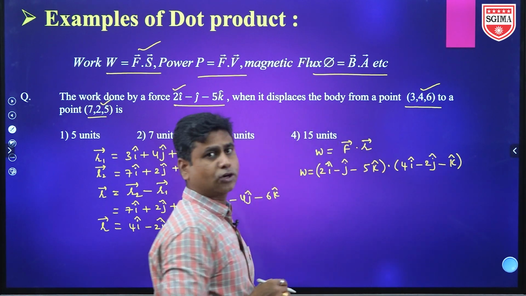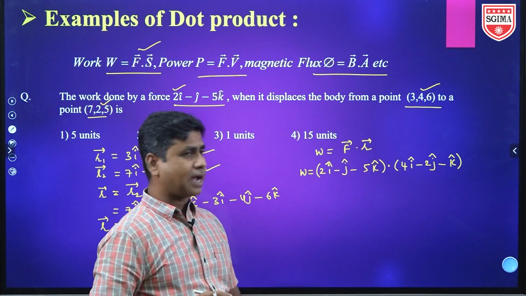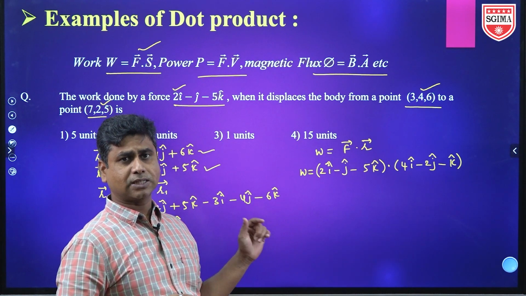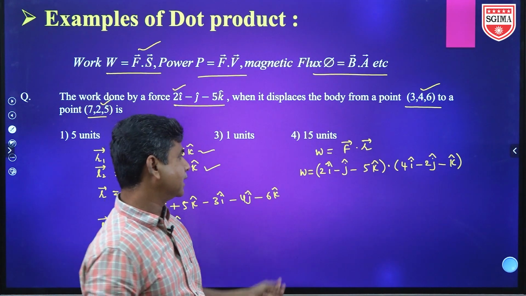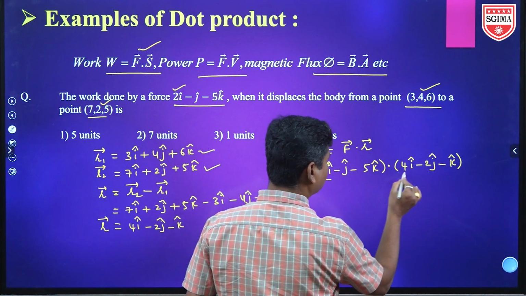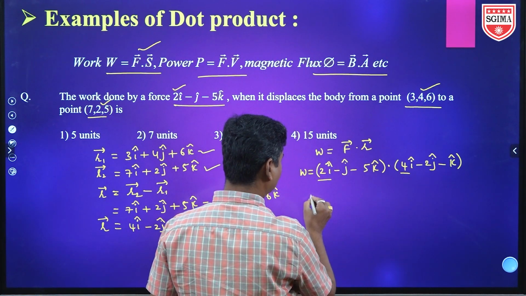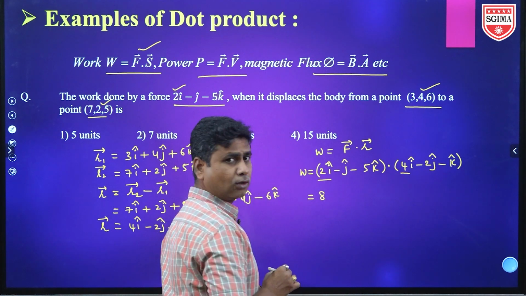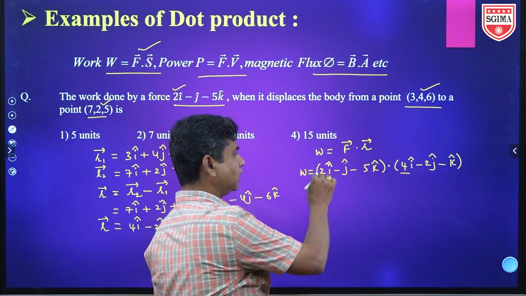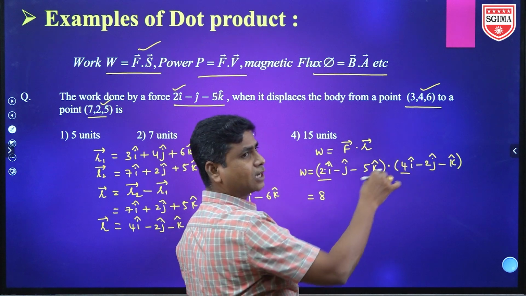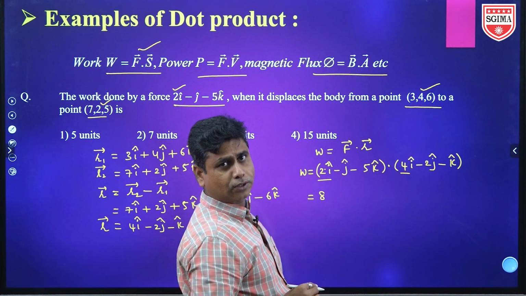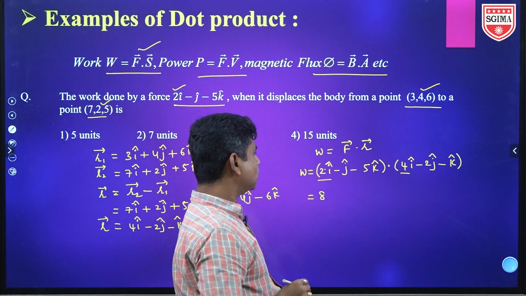Now dot product means we multiply the magnitudes of the unit vectors i cap, j cap and k cap. Here 2 and 4, 2 into 4, 8. Only i cap magnitudes multiply. In case i cap is multiplied with j cap, that is 0, because the dot product of orthogonal unit vectors gives 0.